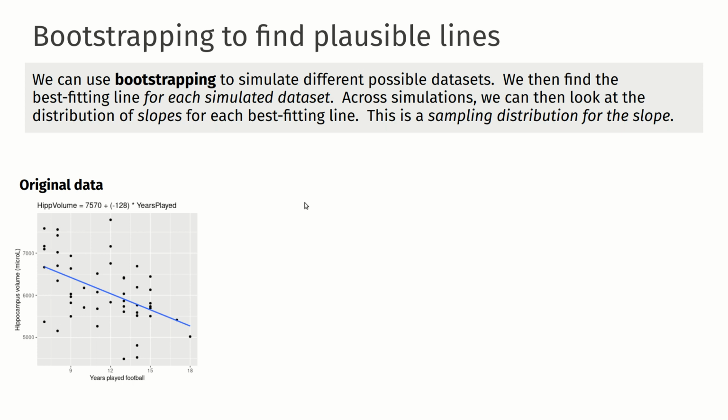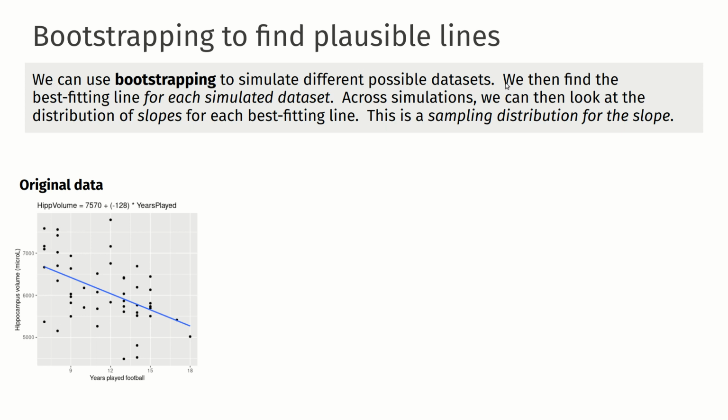Now, one way that we can find the set of those plausible lines that gave us that interesting little gray region is to use bootstrapping. So this is something that we've seen before, and one thing we can do is simulate different possible data sets.